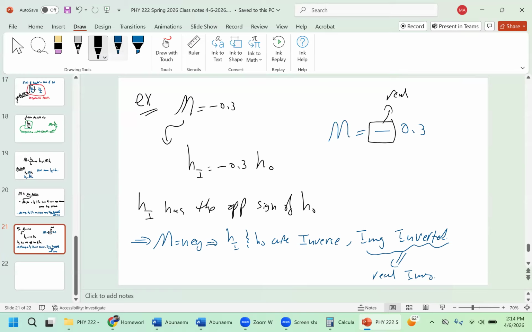And the 0.3 is telling you it's smaller than the object. Everybody understand magnification right now?